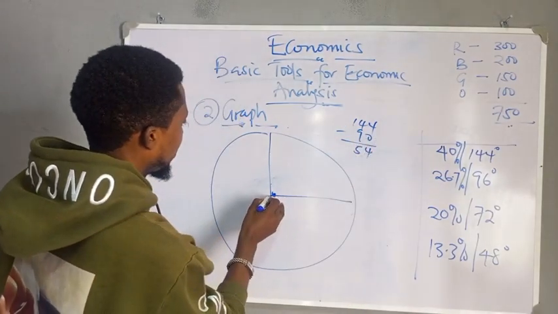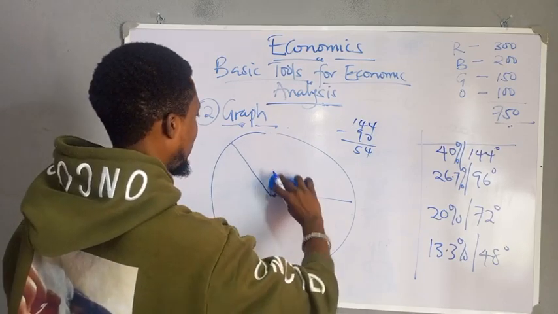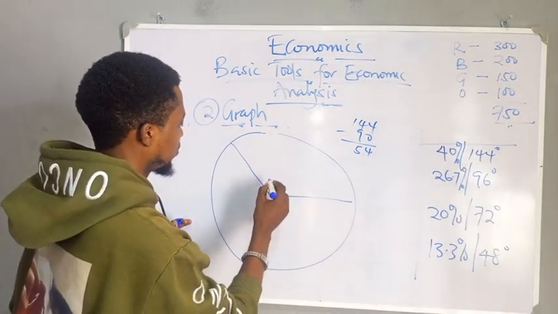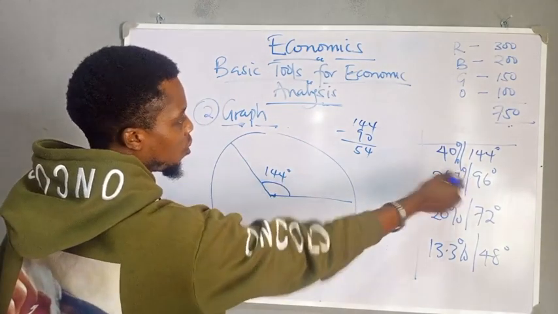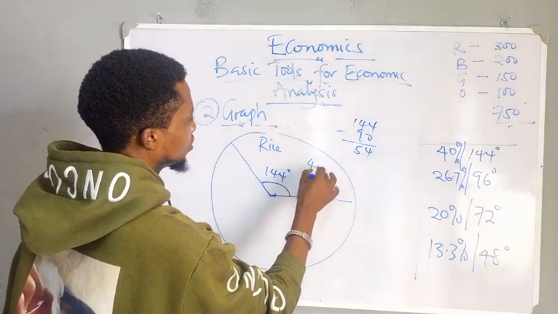So we'll need something like this. I'm trying to do some freehand sketch here. So this is likely to give us 144 degrees. This should be rice, same thing as 40%.